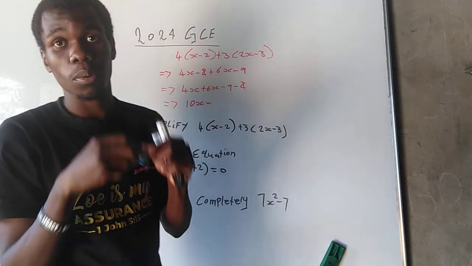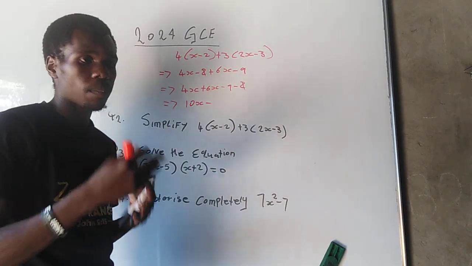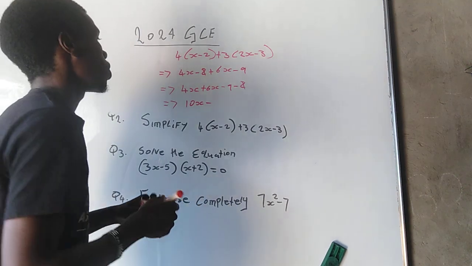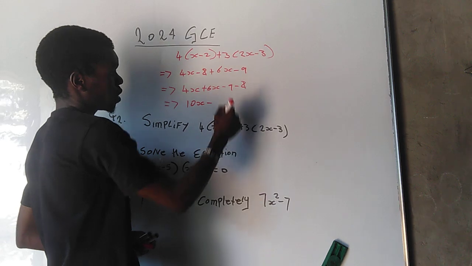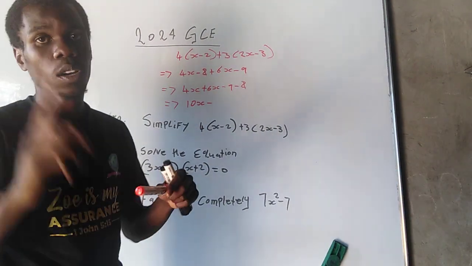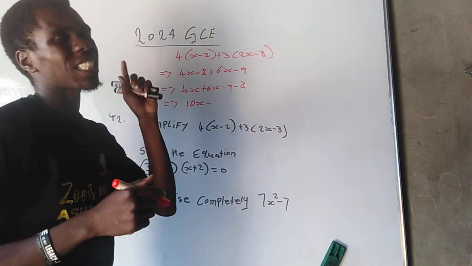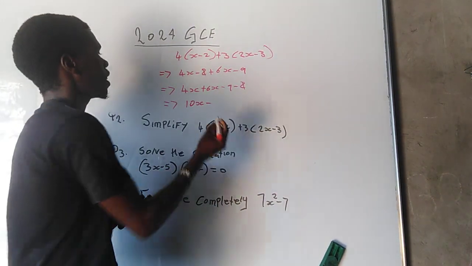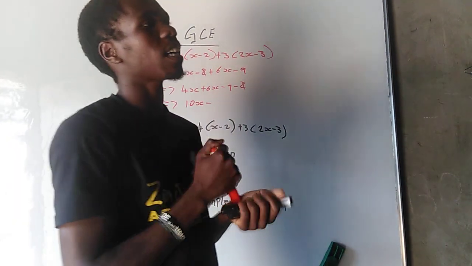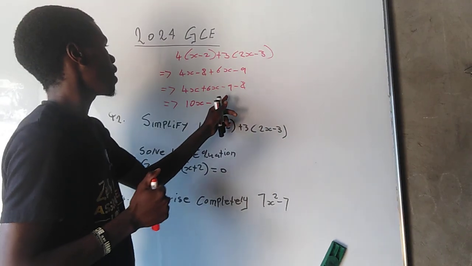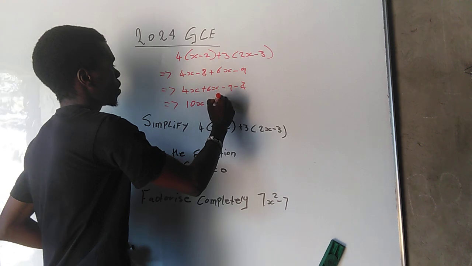Remember the laws of integers: negative and negative is a positive, but we get the sign of the bigger number. Which one is bigger between 8 and 9? It's 9. So what sign is 9 having? It's having a negative. So 9 plus 8, I'm going to have 16 plus 1, 17.